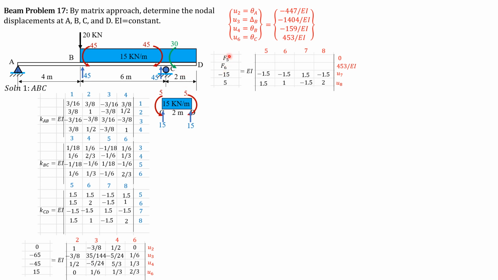We are not interested in the forces because we already found the displacements 5 and 6: 0 for delta C, and theta C is 453 over EI as computed there. Then U7, U8. So the nodal forces, negative 15 opposite to this, and positive 5 opposite to this clockwise moment.